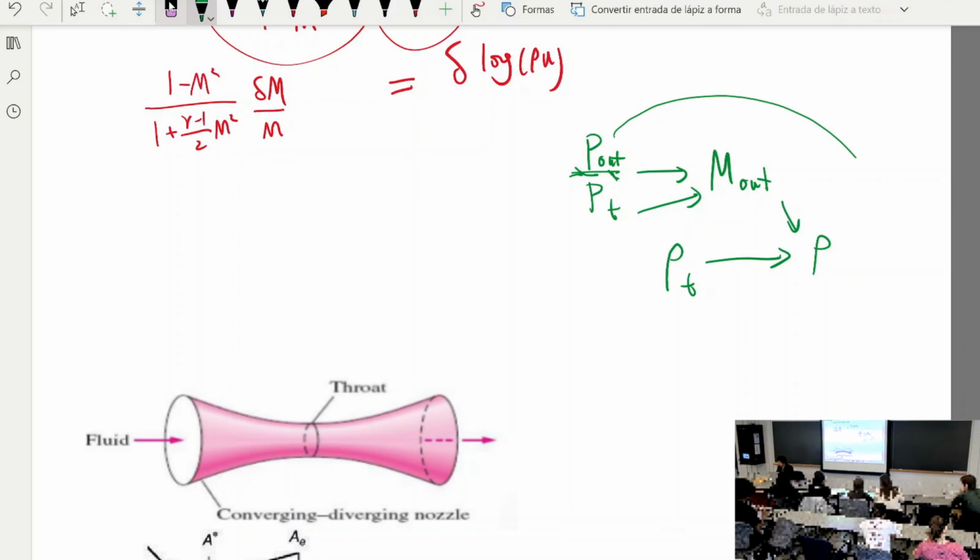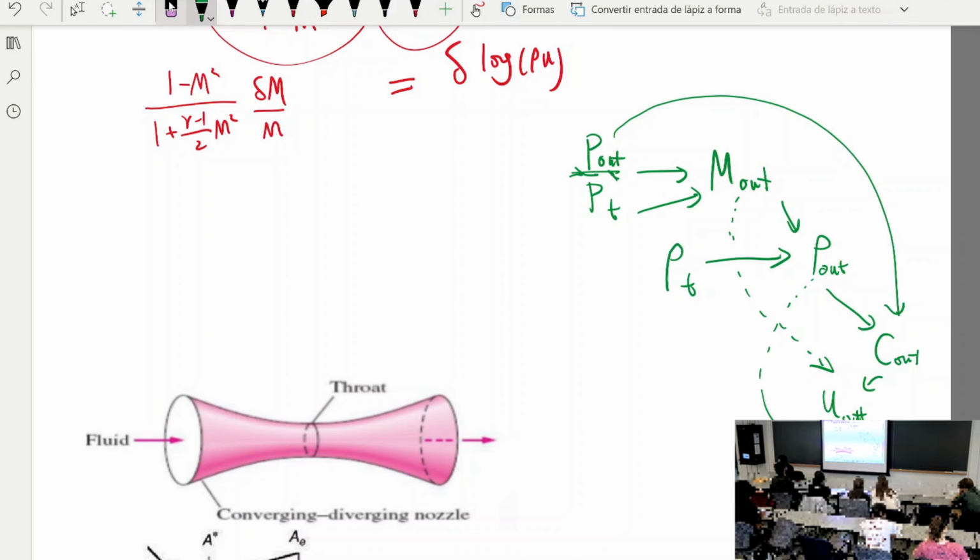And now if you have P outlet and rho outlet, then you have the speed of sound at the outlet. From the Mach number and the speed of sound, you get the velocity at the outlet. Now you have rho and velocity, which gives you rho u at the outlet.